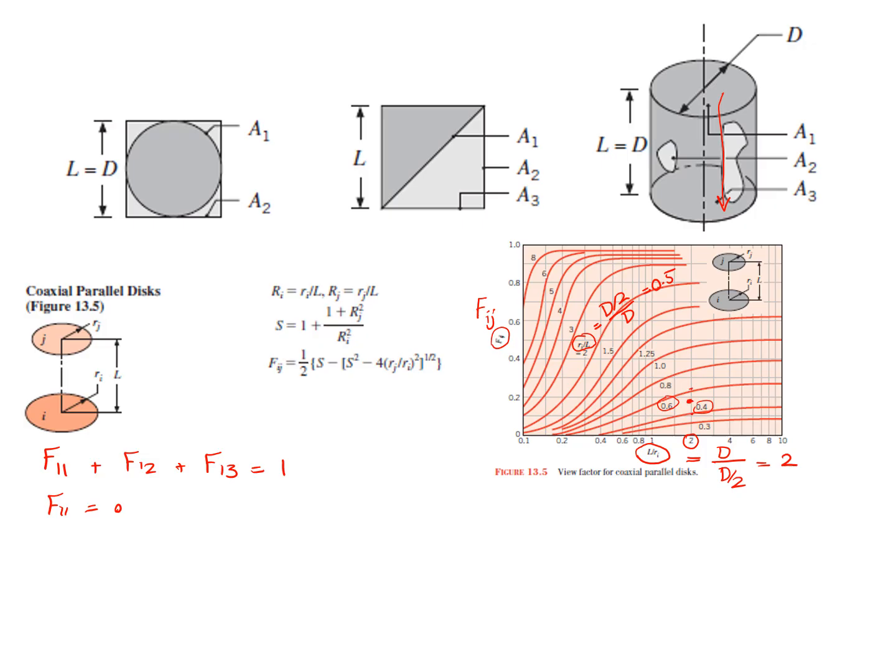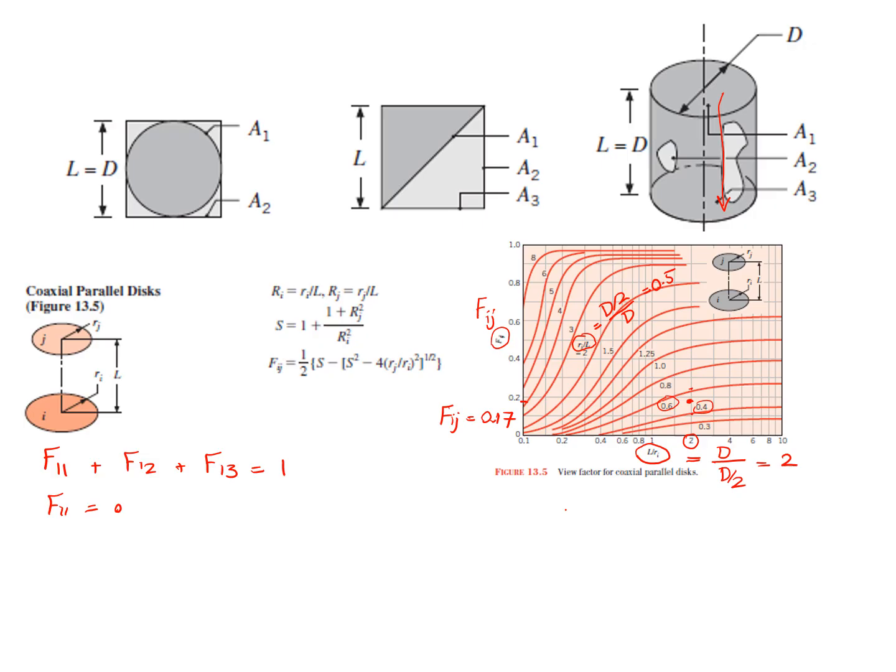So based on that point, I should arrive at around Fij, that is around here, just before 0.2, and I'm going to say that my Fij in this figure is going to be 0.17.